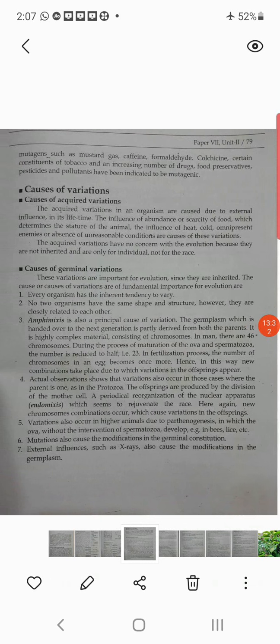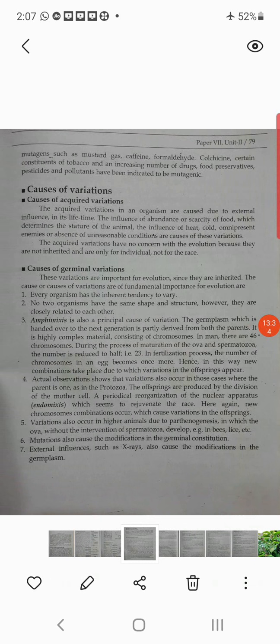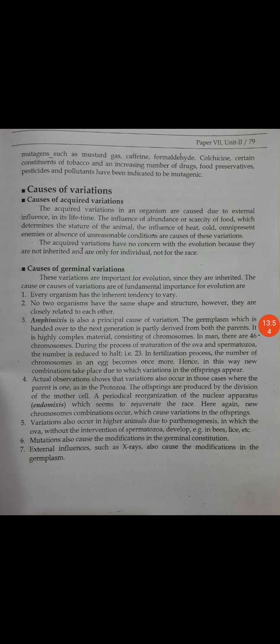Now causes. Causes of acquired variation. Acquired means we take. The acquired variations in an organism are caused due to external influence in its lifetime. The influence of abundance or scarcity of food, which determines the stature of the animal, the influence of heat, cold, enemies, or absence of favorable conditions are causes of this variation.